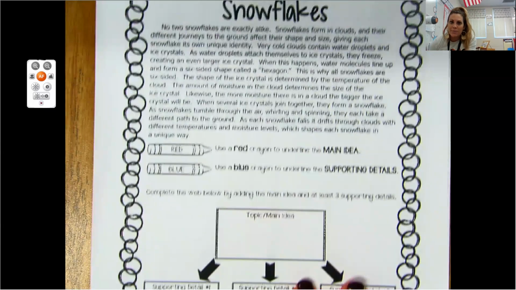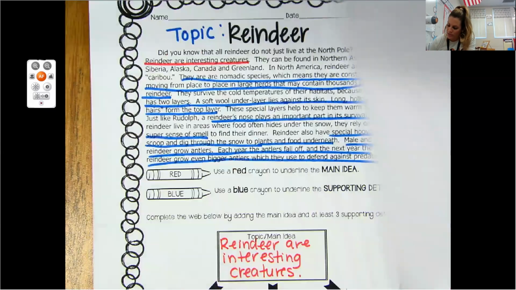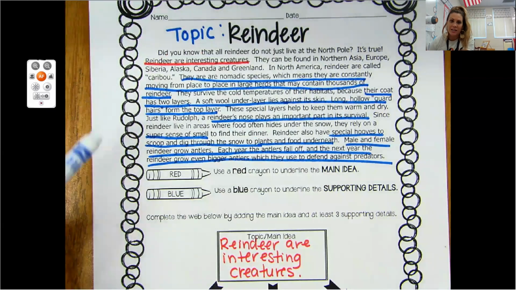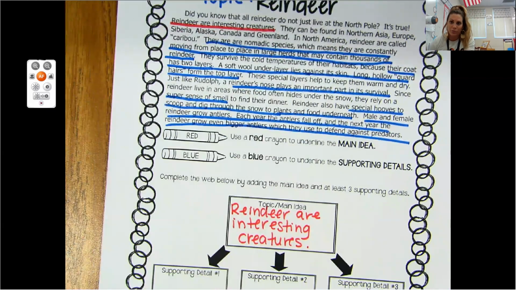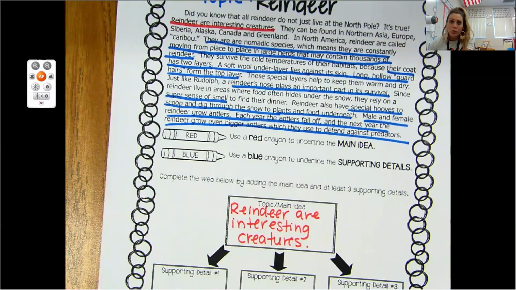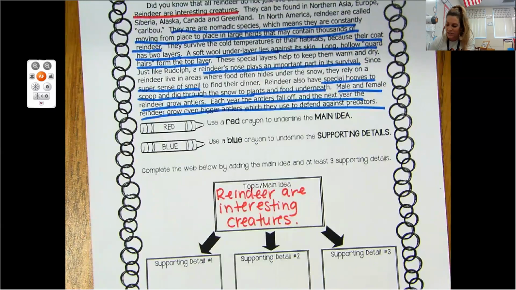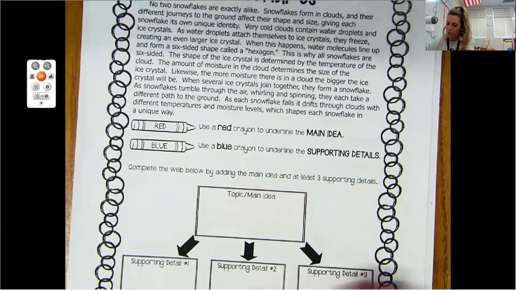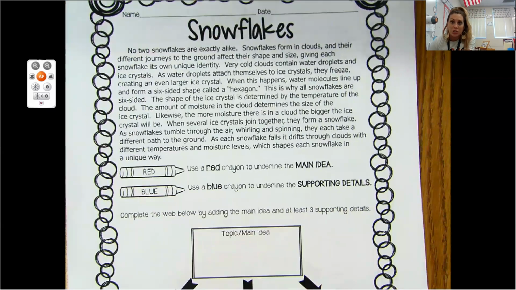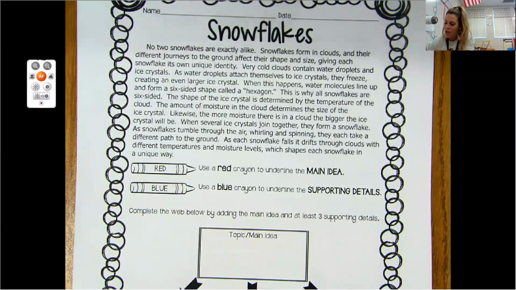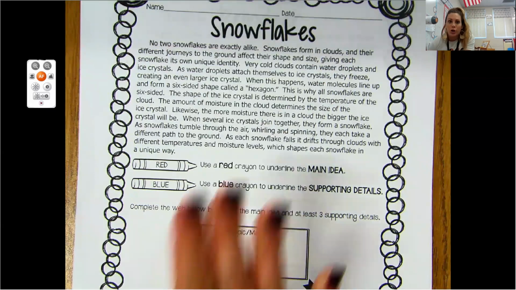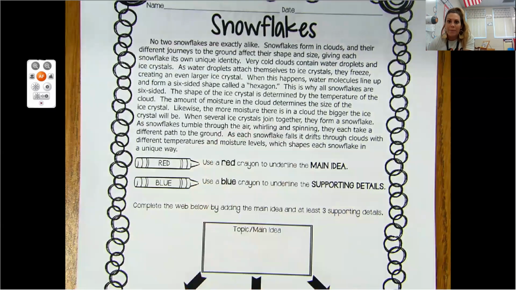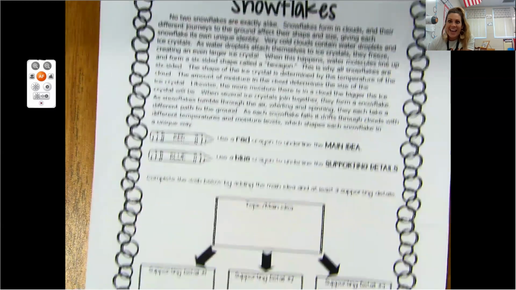So you're going to do the same thing on your own once you've written those down. Okay, remember there were a ton here, so you can pick your favorite 3, okay? You're gonna post your favorite one for the reindeer, and then you're also going to do a discussion post for the snowflakes, all right? So make sure you're color coding, you're thinking about our clues.